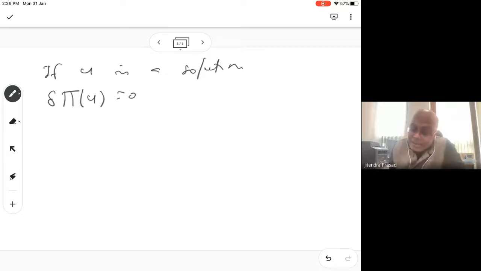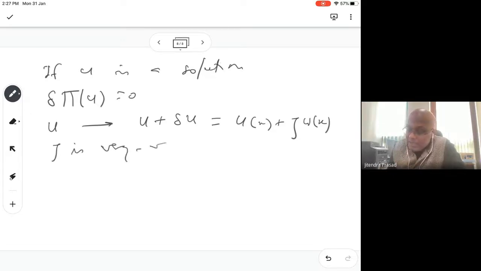How? Let us say you are going to change from U to U plus delta U. Let's call it U plus zeta W. That really means Ux plus zeta Wx, where zeta is very small.